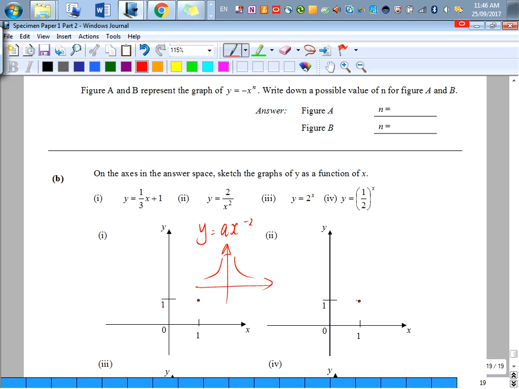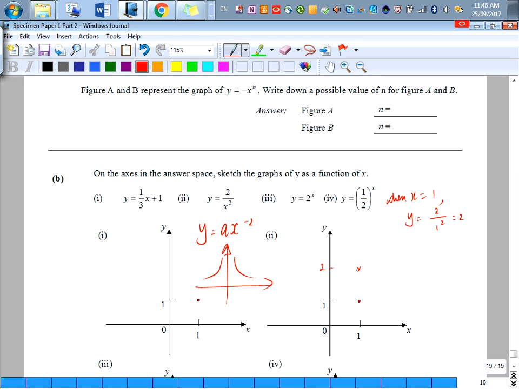So in this case, they specifically put in one point over here, 1, 1, to see whether the graph cuts through it, stays above it, goes below it, and so forth. So we need to consider when x is equals to 1, y is equals to 2 over 1 squared, which is equals to 2. So I know that when x is equals to 1, it should actually pass through this point.